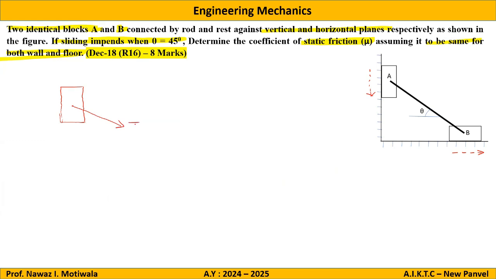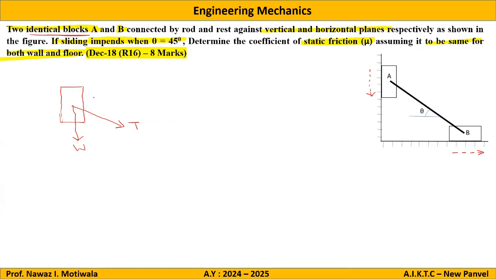So I will make this as T. Then we have self weight. In the question, weight is not given, but it is written that both the blocks are identical. So assuming the weight of each block to be W, I will make it as W as a self weight acting downwards.